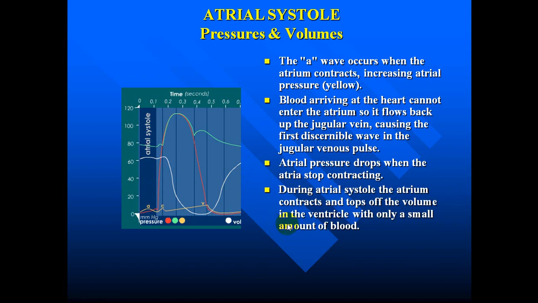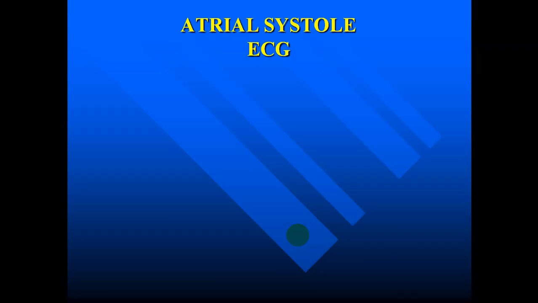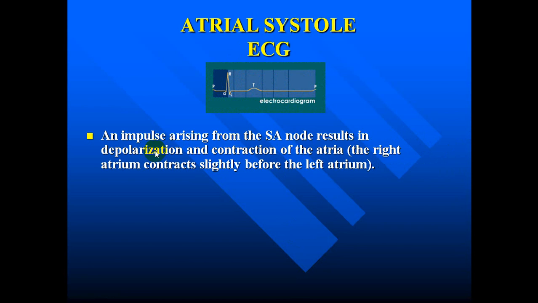During atrial systole, the atrium contracts, topping up the volume of the ventricle with only a small amount, as we said, 20%. Atrial contraction is complete before the ventricle begins to contract. What is the ECG finding in atrial contraction? As we said, an impulse arising from the SA node results in depolarization and contraction of the right and left atrium and gives us the P wave.